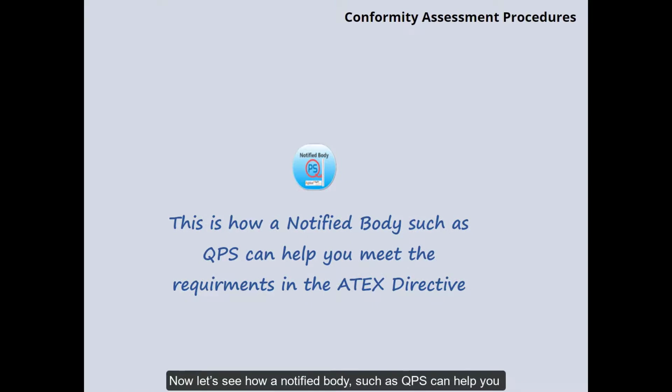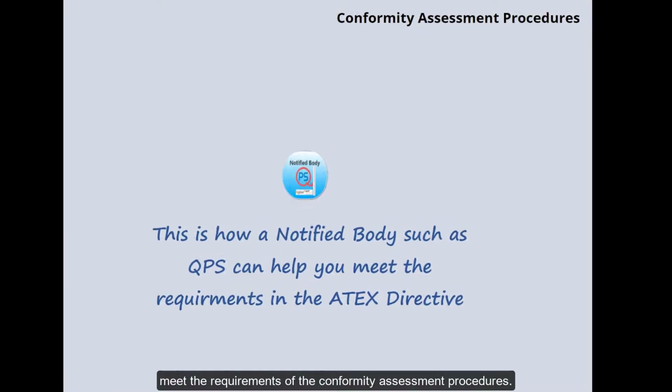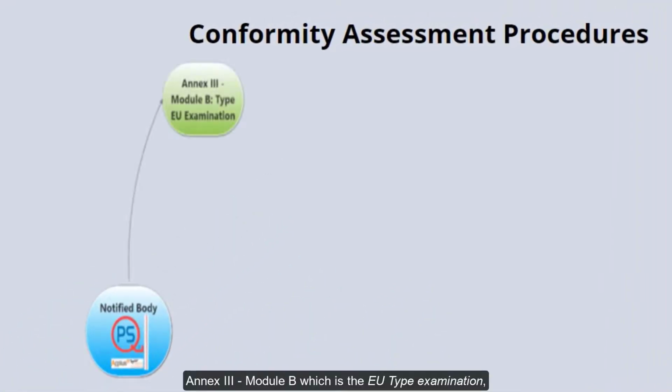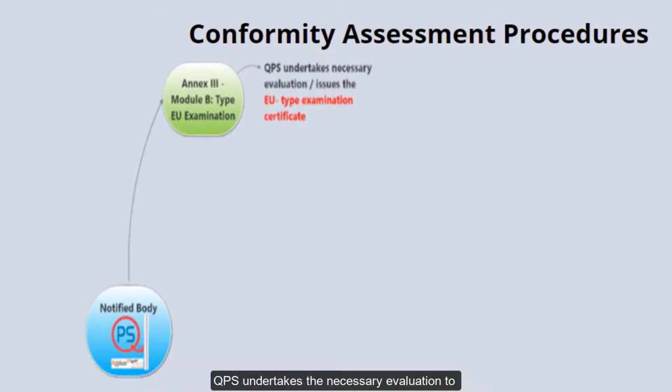Now let's look at how a notified body, such as QPS, can help meet those requirements of the conformity assessment procedures. Annex 3, Module B, which is the EU type examination: QPS undertakes the necessary evaluation to determine the type meets the essential requirements of the Directive 2014/34/EU and issues the EU type examination certificate.